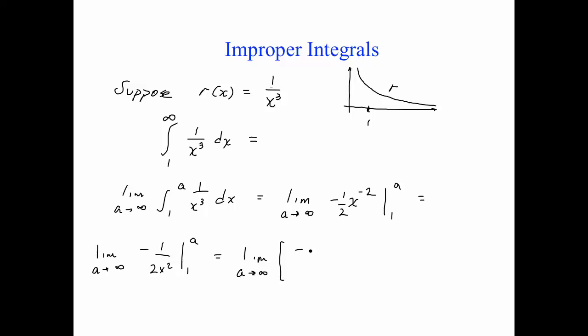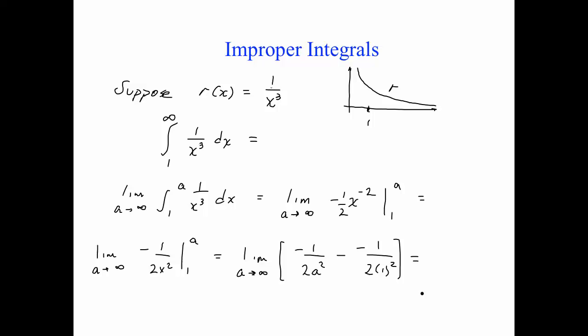And so I'm going to get negative 1 over 2a squared minus negative 1 over 2 times 1 squared. If I did all the math right, I got the right antiderivative, plugged in my a, plugged in my 1, and subtracted, now I'm going to take the limit as a approaches infinity of this expression.